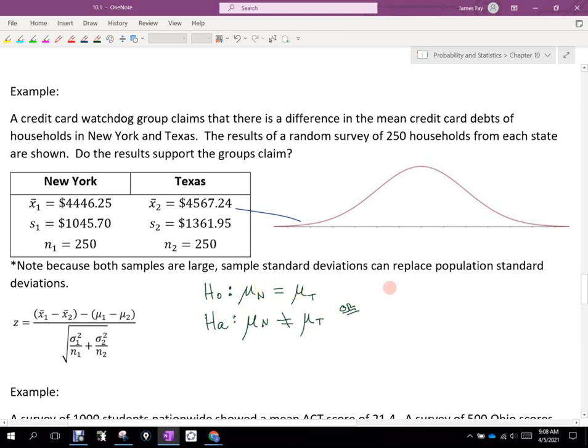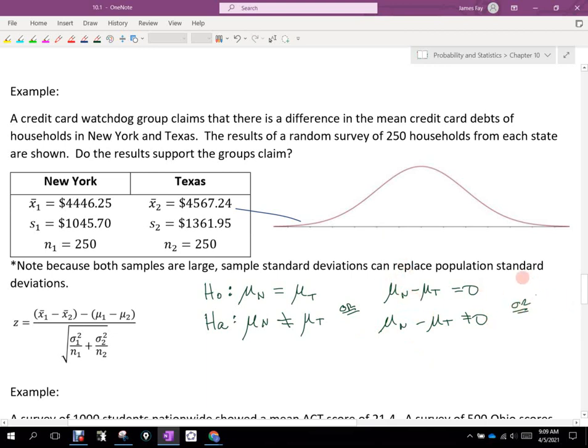You're going to see it written maybe this way as well. So they'll say mu sub N minus mu sub T, so just subtract that mu sub T over, and that would give me 0. So we see it written that way. Because then people ask me, well, how do I know that you go New York minus Texas? Well, it doesn't matter, because it's still going to be a two-tailed test.